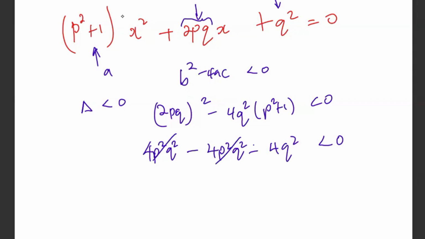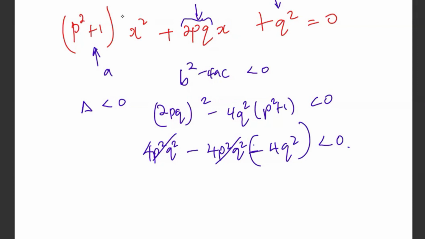So the discriminant is negative 4q squared. This is what we are left with. We are saying this must be less than 0. Negative 4q squared is less than 0.